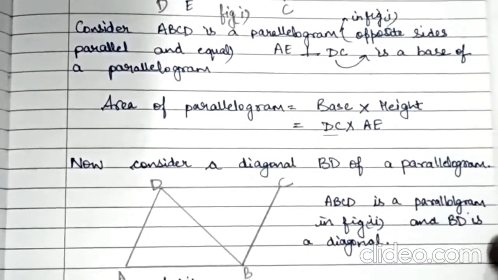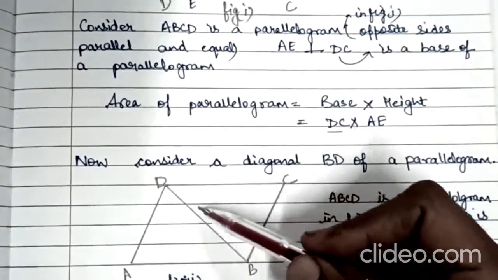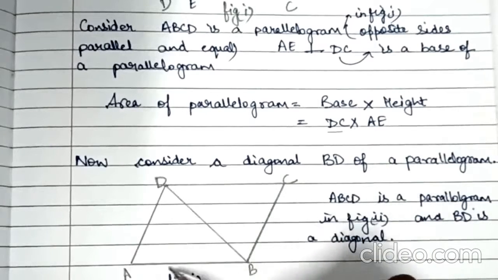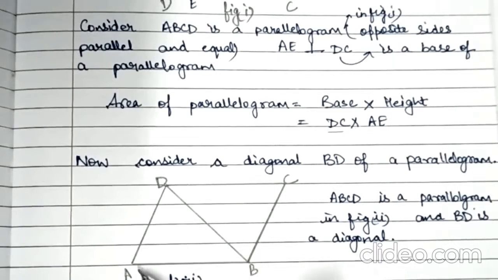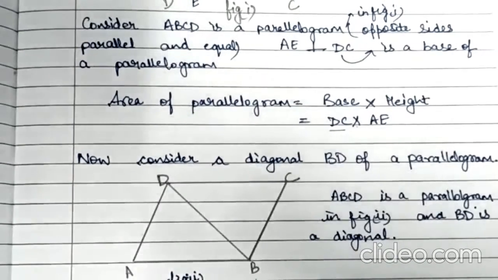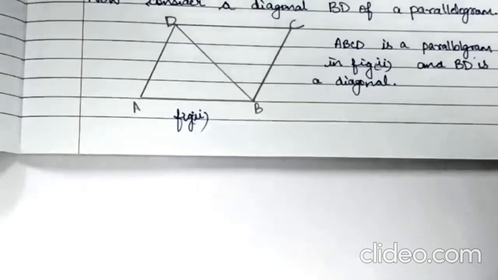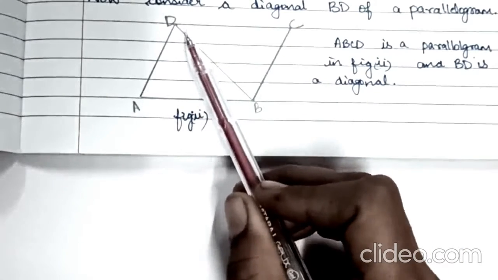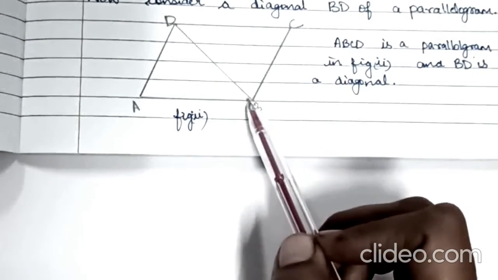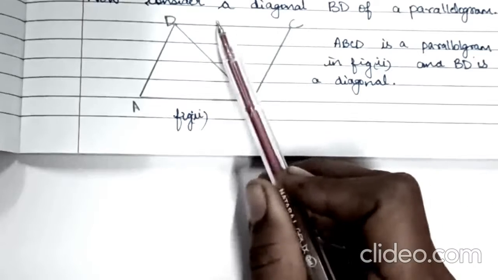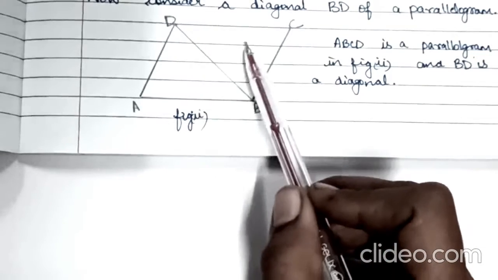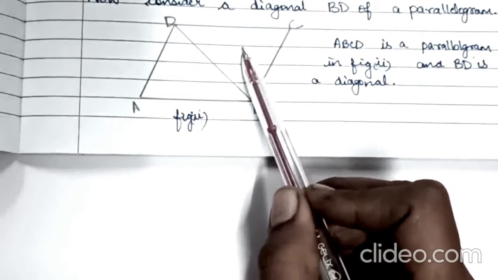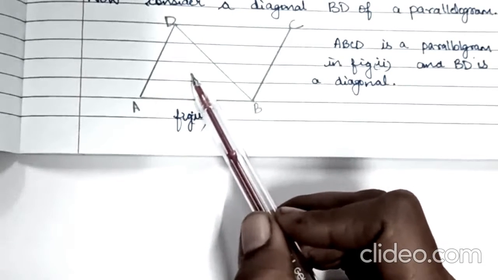Now consider a diagonal BD in the parallelogram ABCD. Now, as you all can see in figure 2, the diagonal BD is dividing the parallelogram into two parts, and each part is the shape of a triangle.